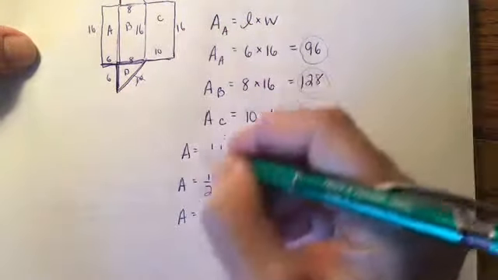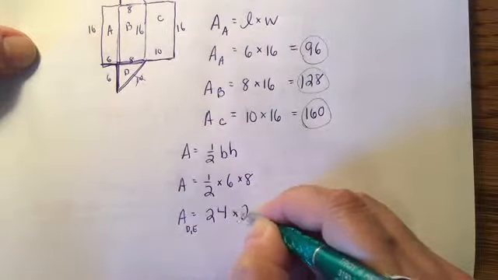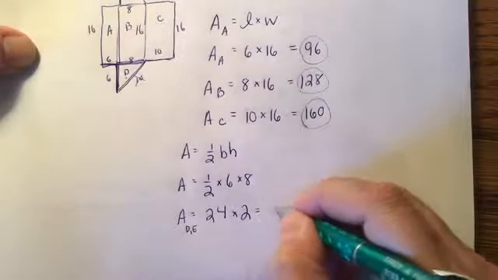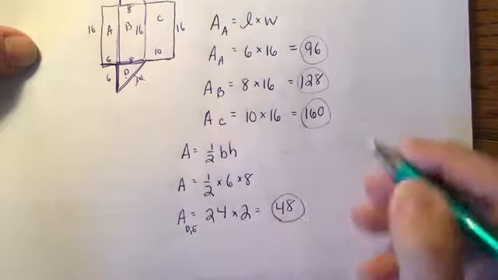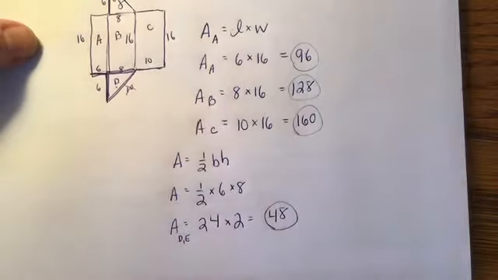Now I should have labeled D and E. But I got to multiply it by 2 because there's 2 of them. And that would be 48. So I just need to come back and add together my pieces that are circled.